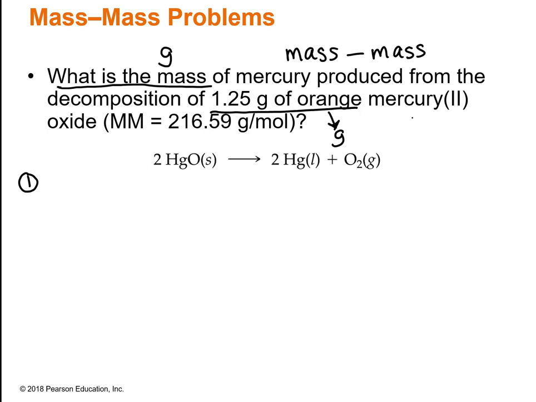We're given information about mercury 2 oxide. That's this over here. So I will label that as given. What we need information on is the mercury. That's our unknown. Now we can keep those two things straight. The first part, we need to go from grams of mercury 2 oxide to moles of mercury 2 oxide using the molar mass.